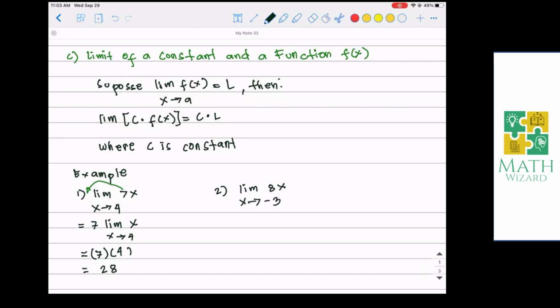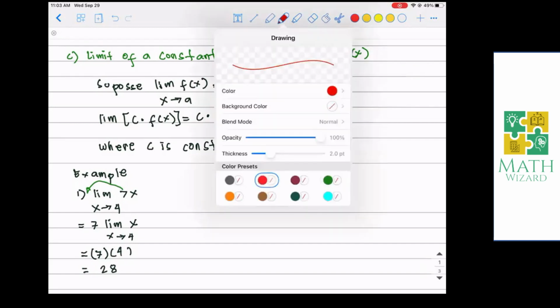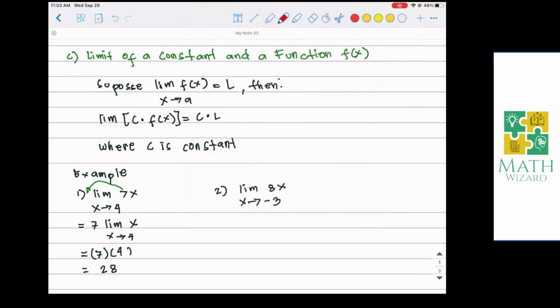So the limit of 8x as x approaches to negative 3. Again, the first step, kapag ganito, we move muna the function, the constant here. So this becomes 8, and then the limit of x as x approaches to negative 3.